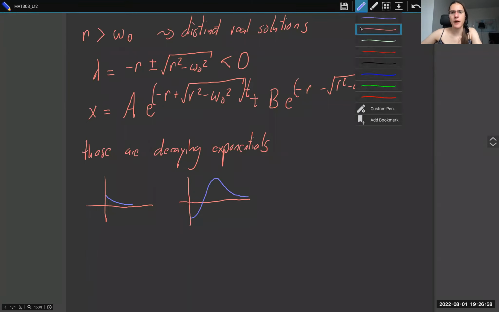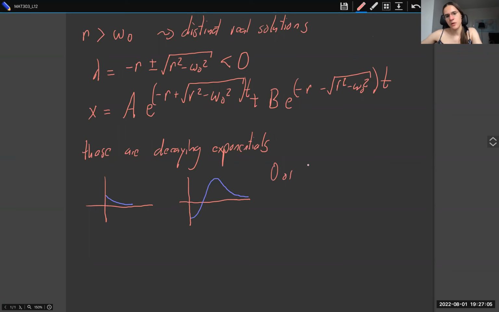So you can have 0 or 1 crossing of the x-axis. No more.